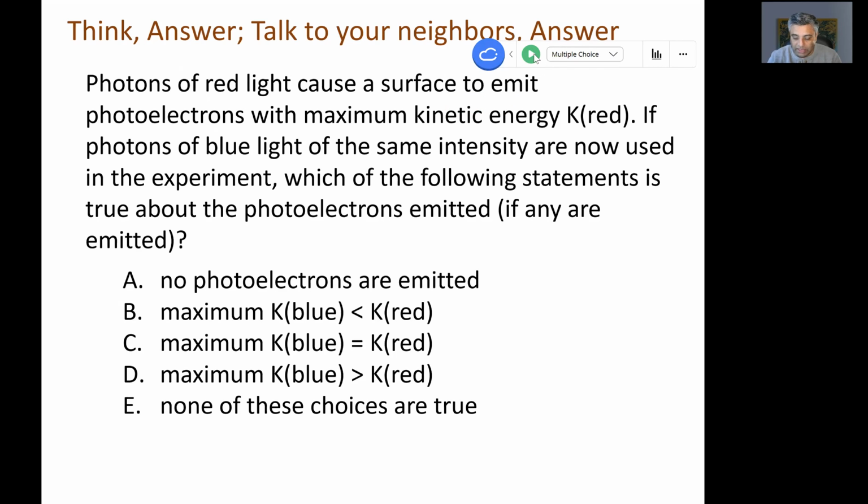So now go ahead, take a look at this problem, and you have 1 minute and 30 seconds to answer this question.